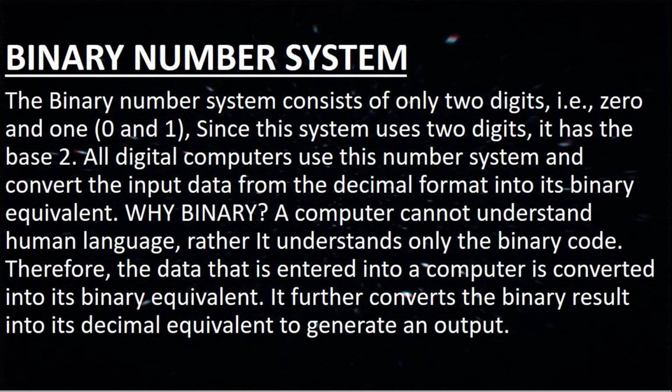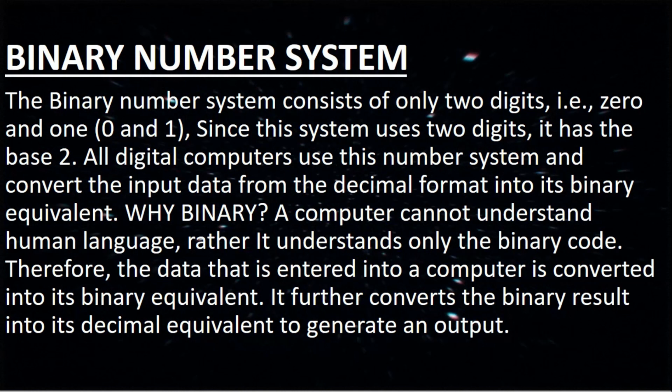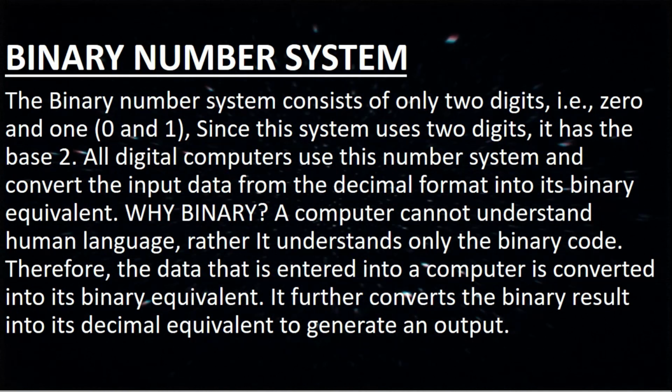For example, the computer that we use or any electrical appliances works on electricity. Okay, that means only two states are there. When the appliance is on, or you can say if the computer is on, that means it is in one state, and when the computer is off, that means it is zero state.